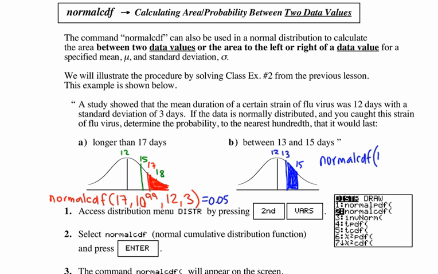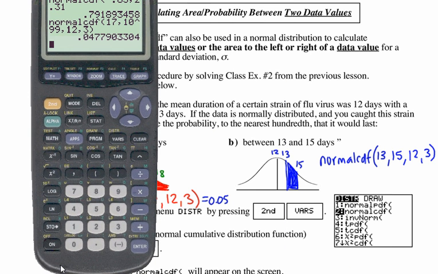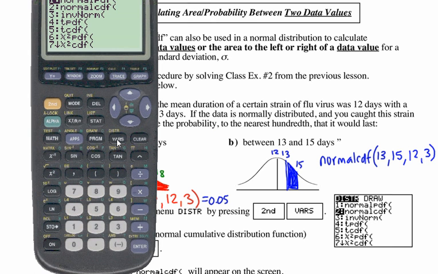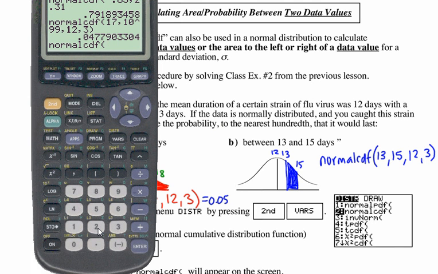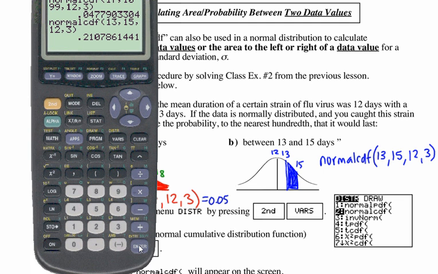The lower bound is 13, the upper bound is 15, and then comma, my mean, comma, my standard deviation. So on my calculator, second vars, number 2, 13, comma, 15, comma, my mean, comma, my standard deviation. Push enter, and to the nearest hundredth it is 0.21.